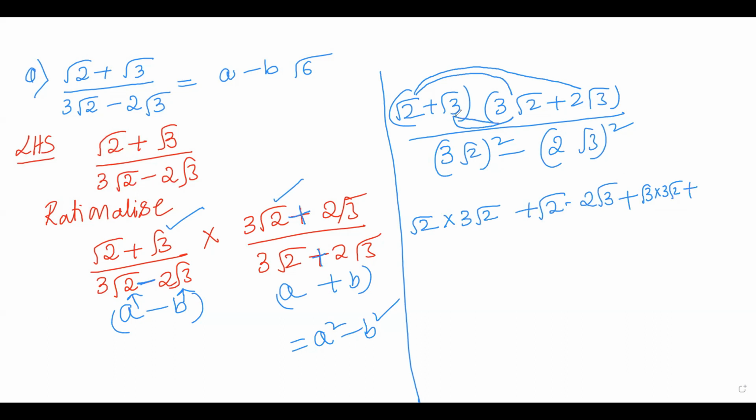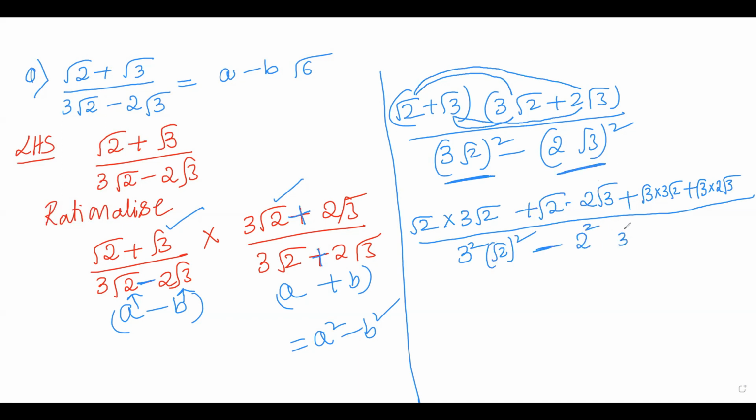Root 3 into 2 root 3. By a square, which means 3 square into root 2 square. B square, 2 square into root 3 square.